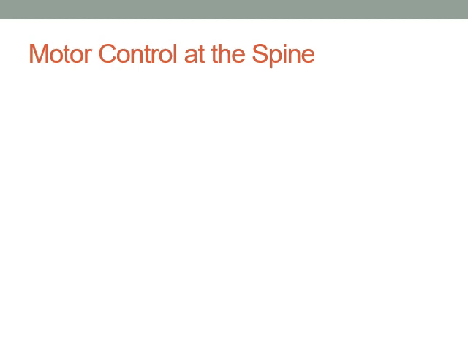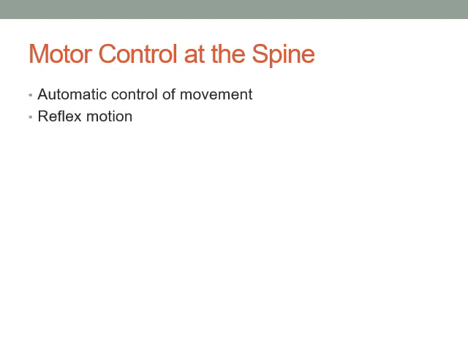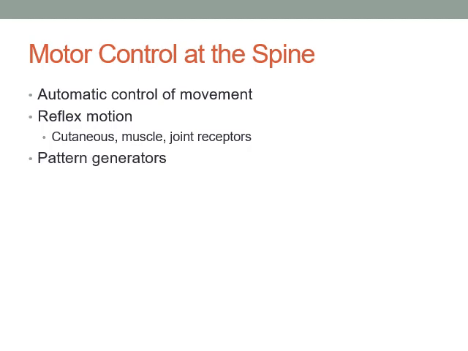So we look at motor control at the spine. We have certain things regarding automatic control of movement as well. We've already talked about reflex motion. Reflex motion takes place at the skin, the muscle, and joint receptors. We already talked about that automatic reaction that will happen with the muscle spindles when they're activated. Then we have more complicated things like pattern generators, and these are actually modified by cortical commands.